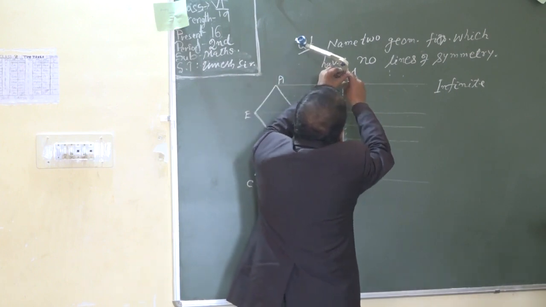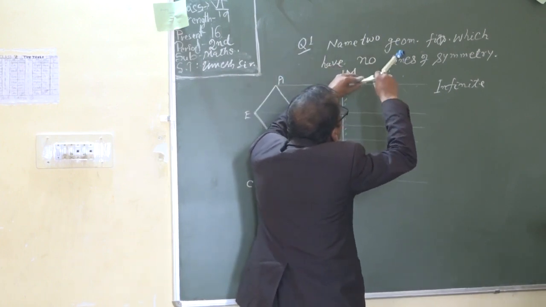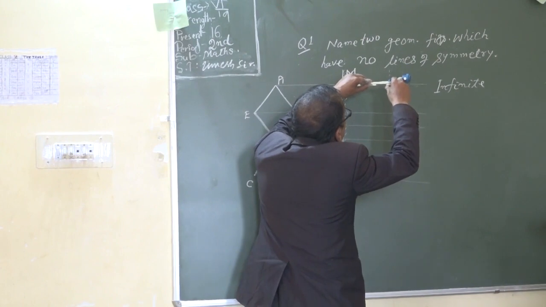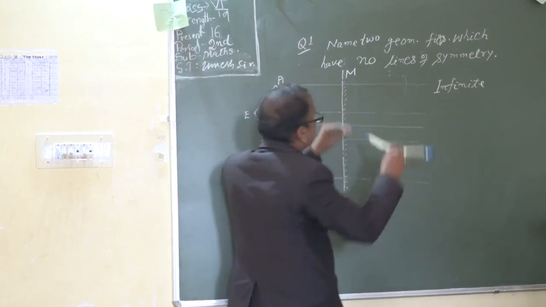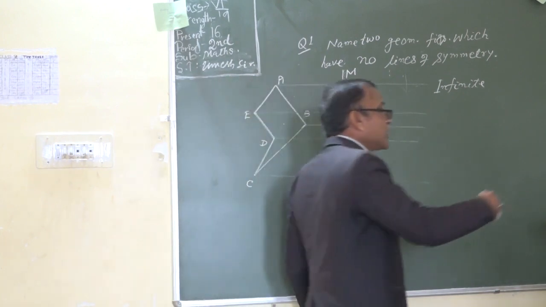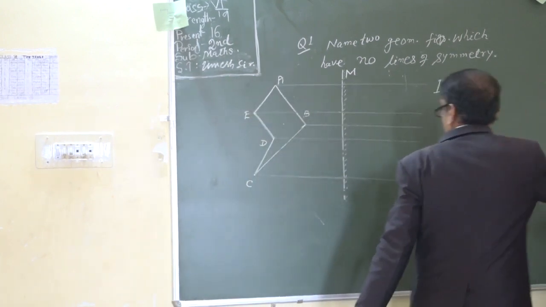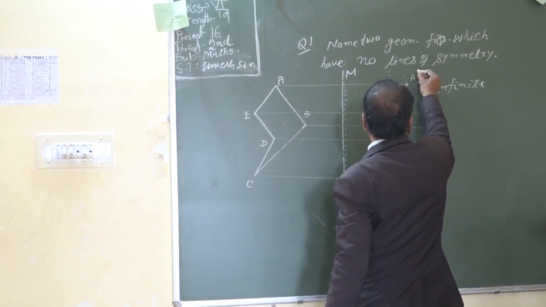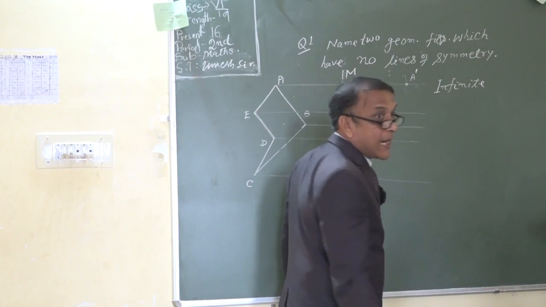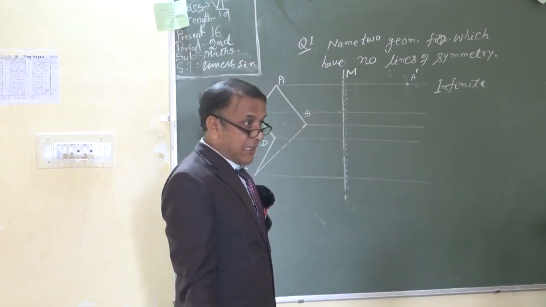So what you will do, upon that line you mark another point upon the same line. Here it is A, so here it will be the image, A dash. It is written like this, A dash.